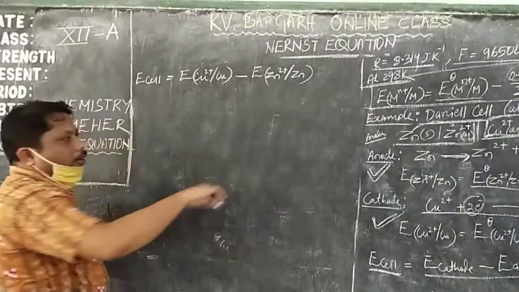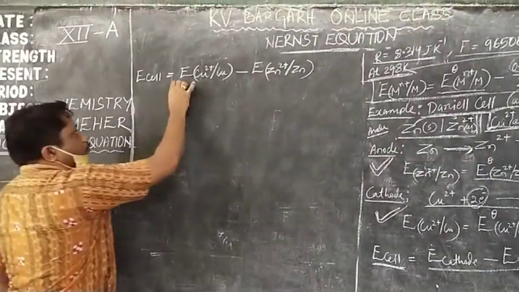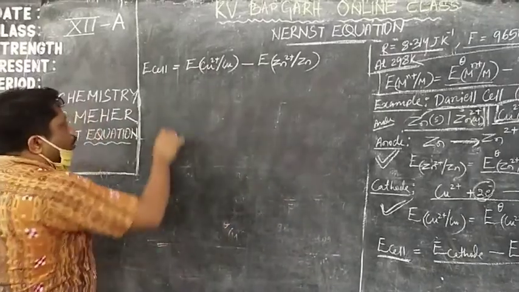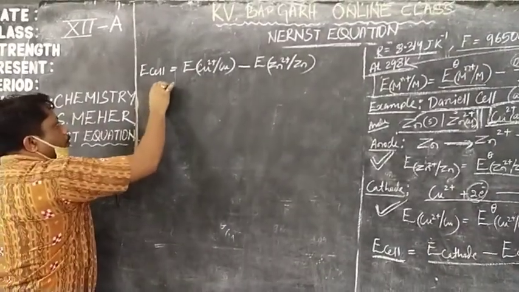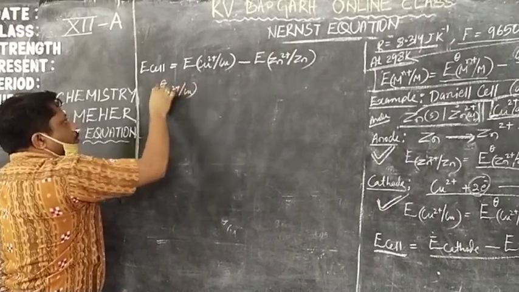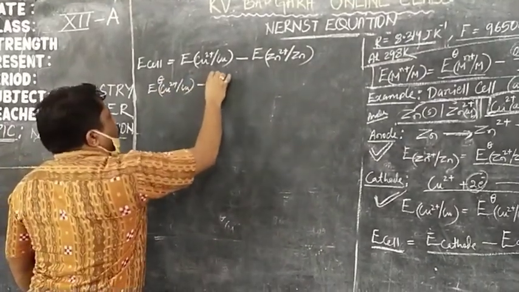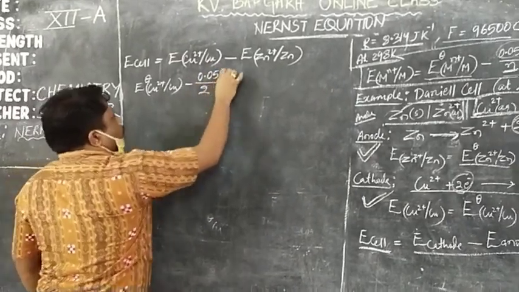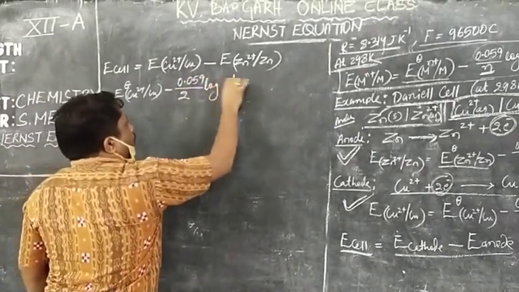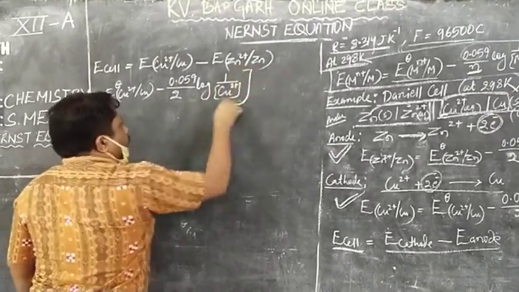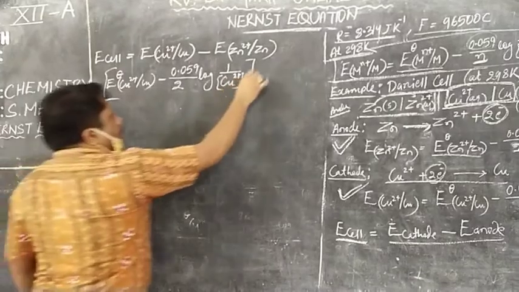Now substitute the value of the Nernst equation for each electrode. In place of the copper electrode, what can you write? It will be E naught Cu2 plus slash Cu minus 0.0595 by 2 log 1 by Cu2 plus, minus.